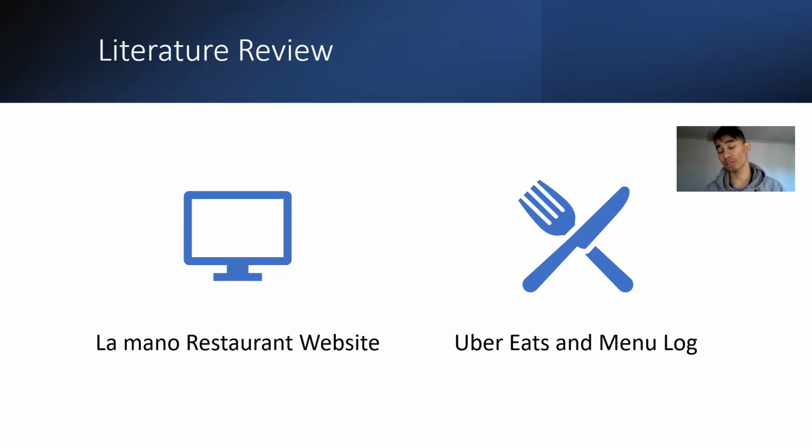The other literature review I did was on Uber Eats and Menulog. They are very popular delivery systems, but one main problem is that all the food items available on them are 10 to 20% more expensive than the normal price, so the user has to pay more for the same amount of food.